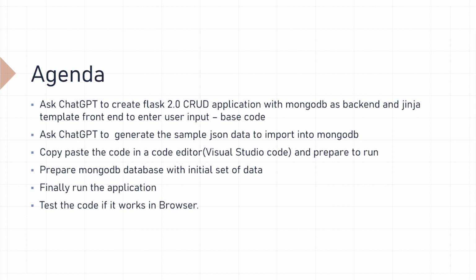Also, ask ChatGPT to generate sample JSON data to import initial data into MongoDB, and copy and paste the code into an editor. I'll be using Visual Studio Code and prepare to run. And also prepare the MongoDB database with the initial set of data. Finally, run the application and test the code to see if it works in the browser.